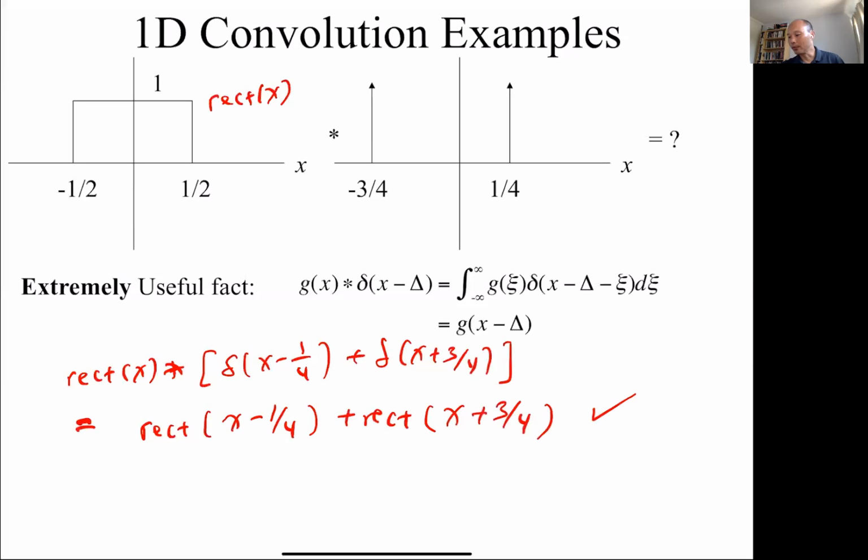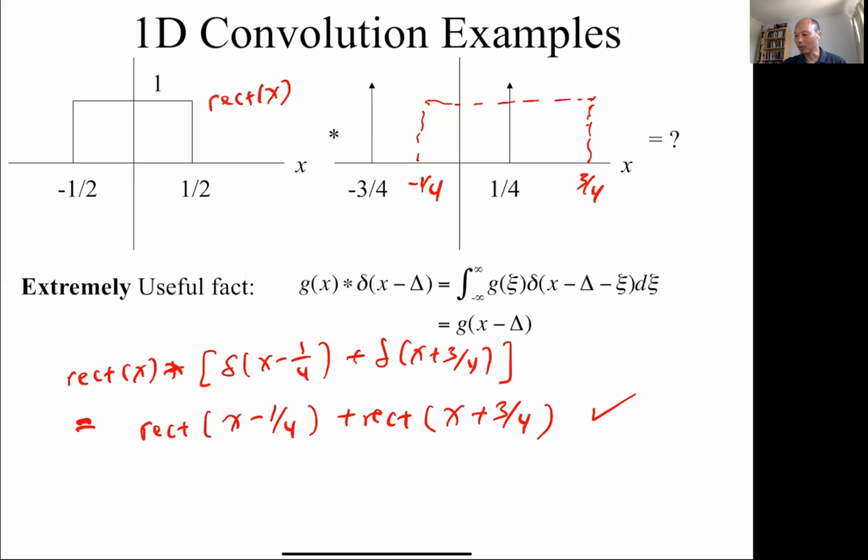Graphically, what it would mean is if I had my rect function here, it would be shifted, so it would look like this. So it'd go from 3/4 to -1/4, right? That would be a rect function centered around 1/4. And the other one is a rect function centered around -3/4.